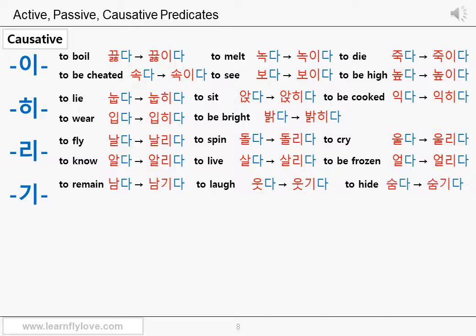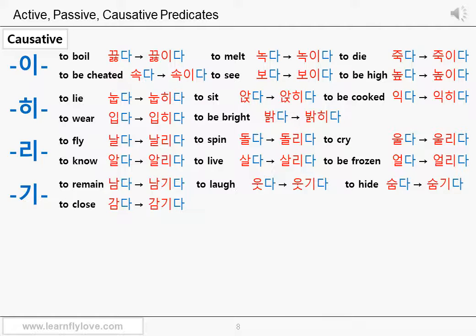To hide. When you hide somewhere, you use 숨다. But when you hide something somewhere, you use 숨기다. To close. When you close your eyes, you use 감다.